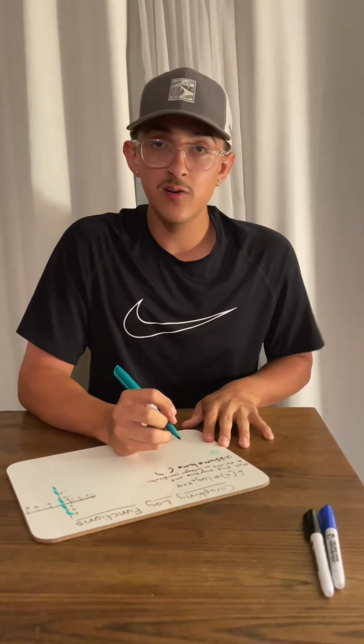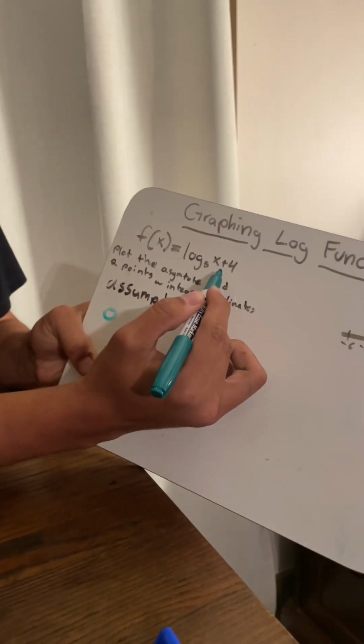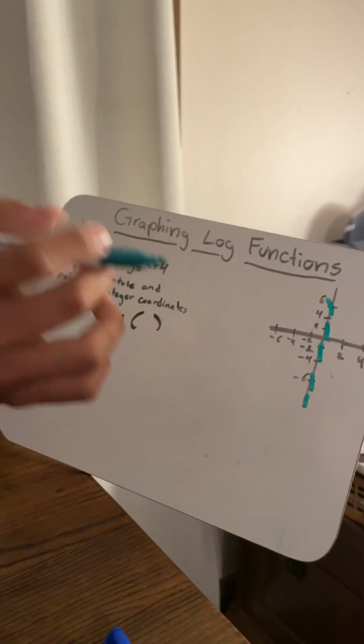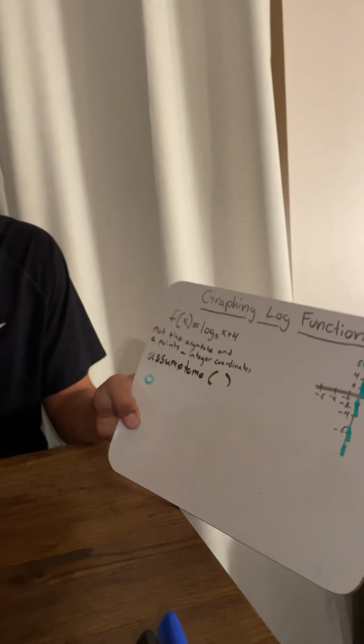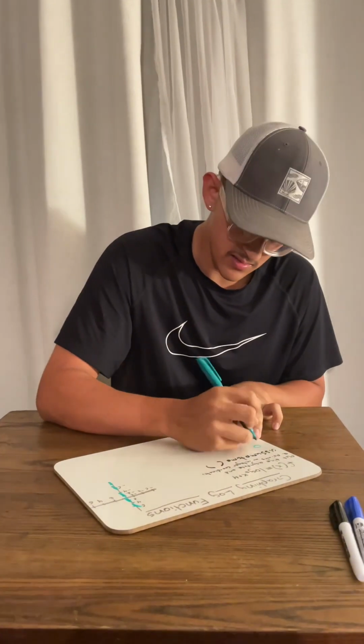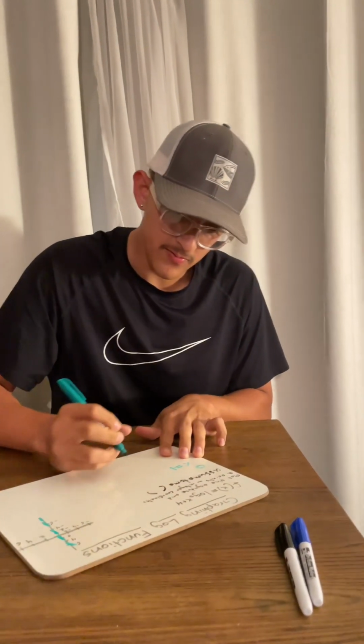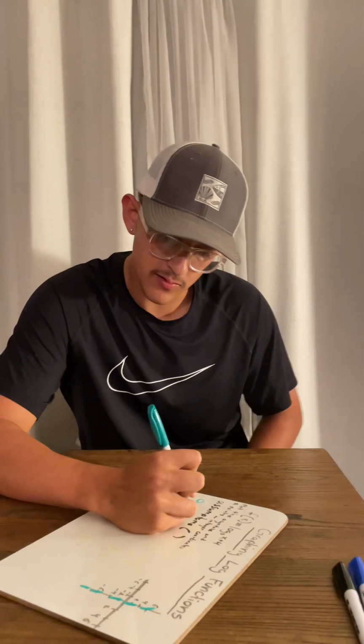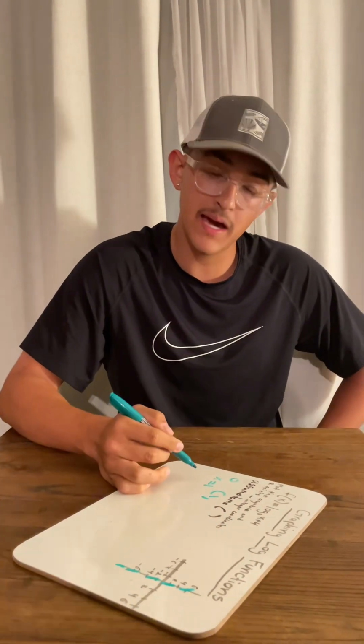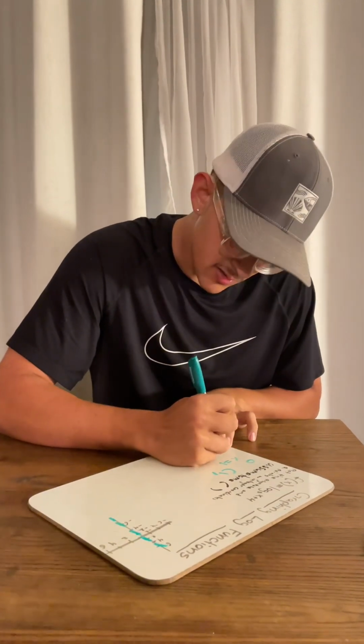The next step you want to do is make your x plus 4 equal to 1. In this situation, as I said, we don't have any parentheses, so our x is equal to 1. The next step after you have your first point is to plug it back into the original equation.